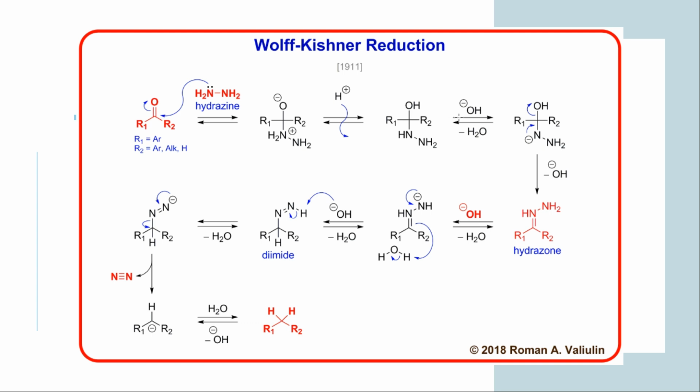This base will lead to the elimination of this hydroxyl group as shown here. And in the subsequent steps, in presence of the base, these intermediate hydrazone and diamide compounds will be ultimately converted into this alkane by elimination of water molecule.